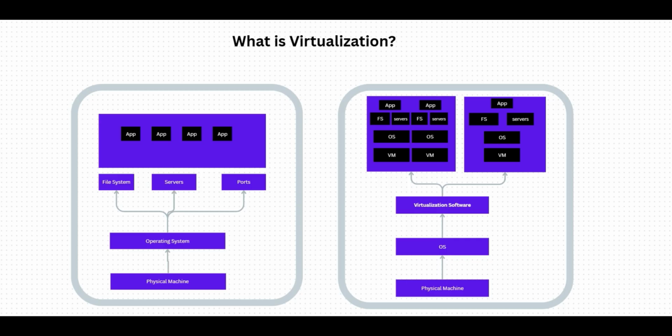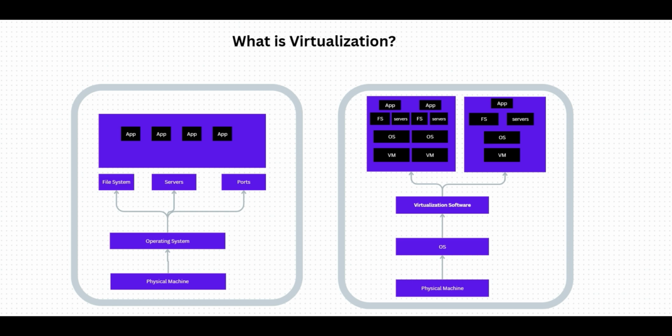This is where virtualization comes in. Instead of running all apps in one operating system, we install virtualization software, often called a hypervisor, on the physical server. This hypervisor allows you to create multiple virtual machines on top of that single physical system. Each virtual machine can act like an independent computer.